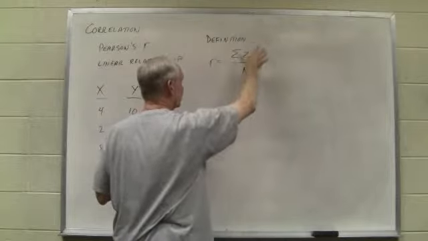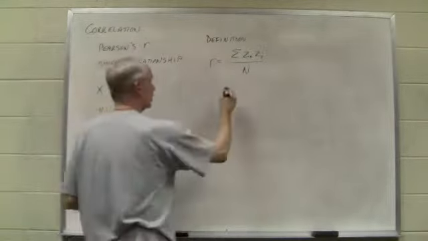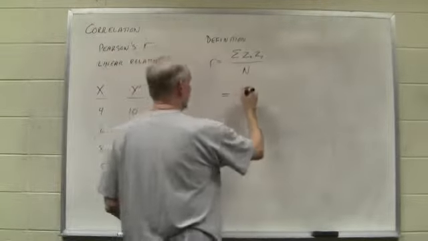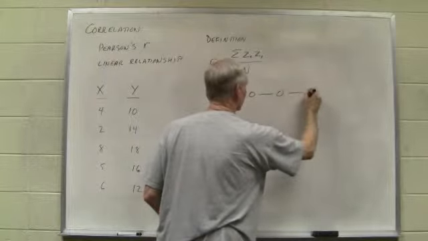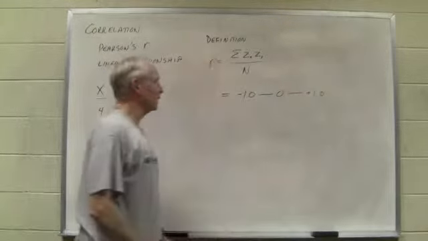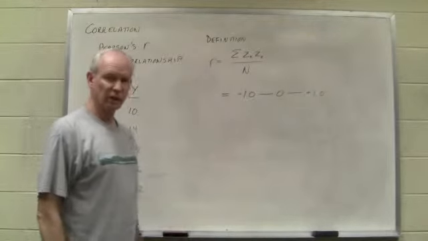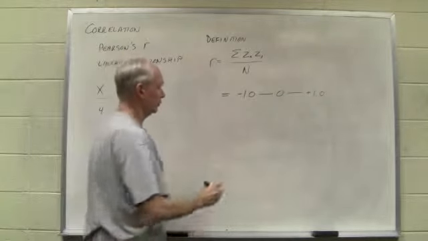And once we had all those products, we'd add them all up and we'd divide by n. A lot of work. It's not the way we're actually going to do it, but that's the definitional formula. Now, that can take on values anywhere from -1 to +1. You can get a Pearson's R of anywhere from -1 to +1.